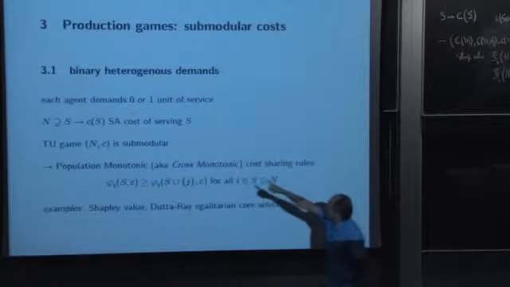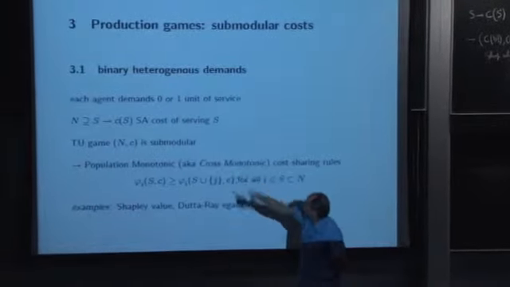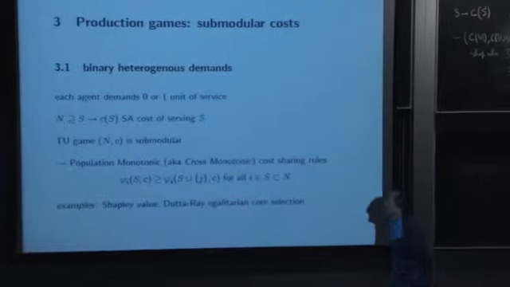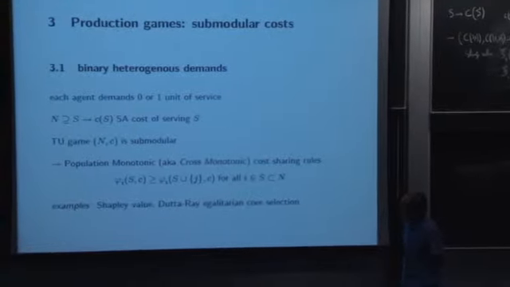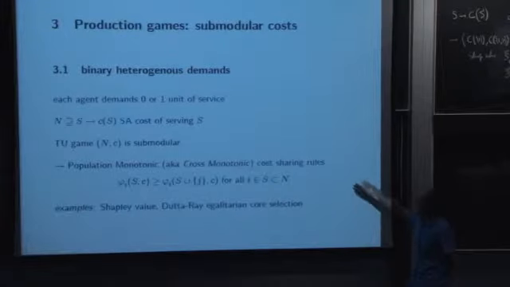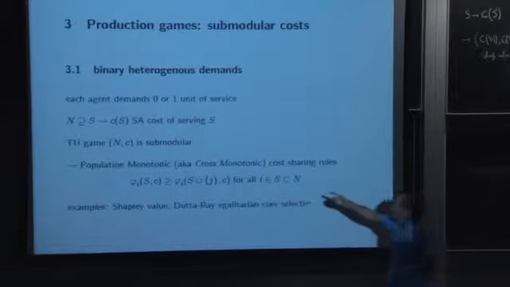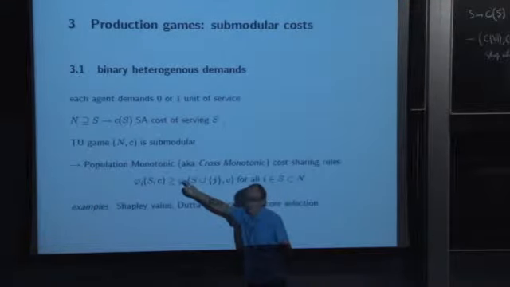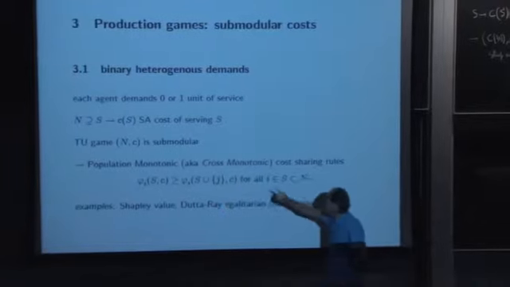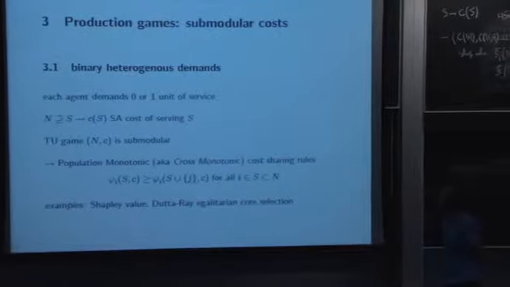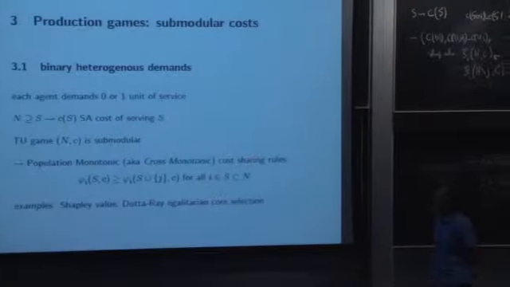So C of S is the cost of serving the people in coalition S, and the game is submodular. For the reason that will be obvious in a second, we are interested in cost-sharing rules which satisfy this population monotonic property I was mentioning earlier, known in the literature more as cross-monotonic.